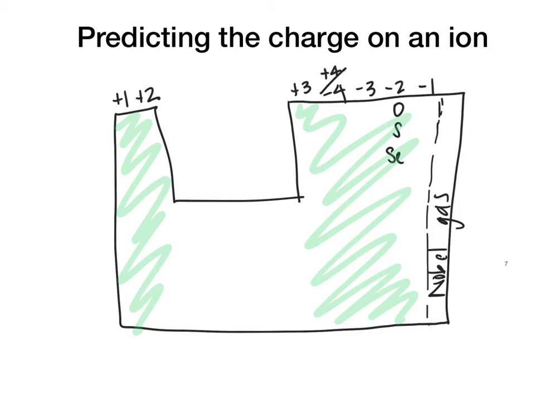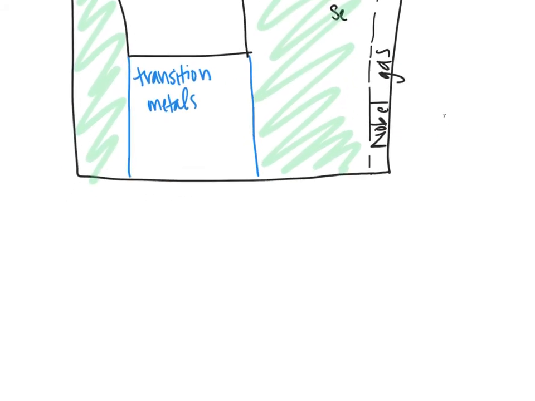Now what happens when we look at this part right here? These are the transition metals. Fortunately or unfortunately, I like to think of them as the no rules kids.